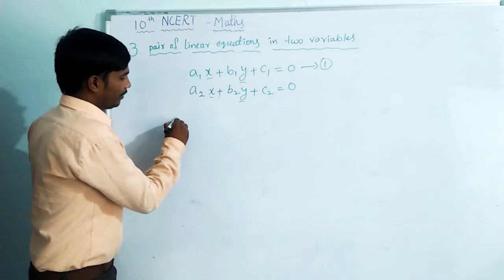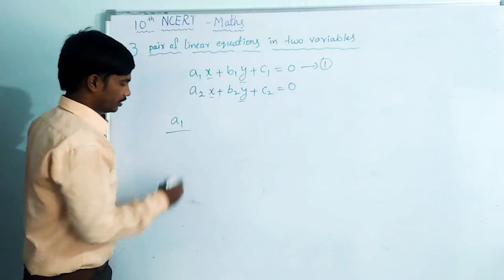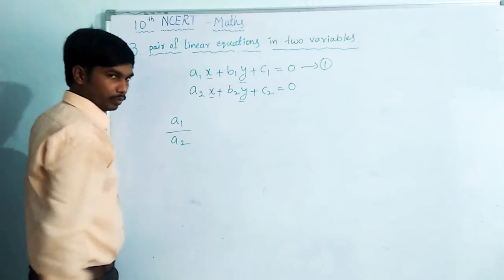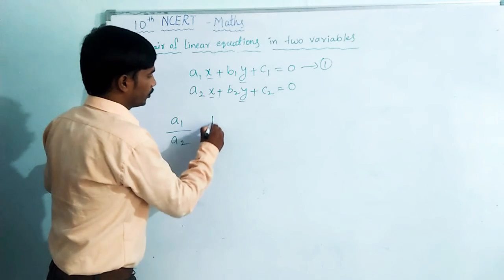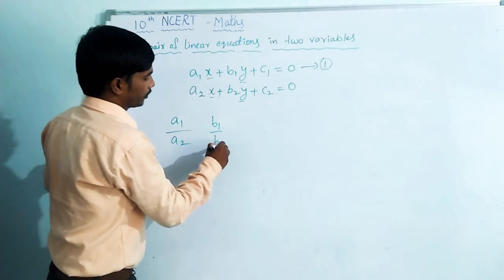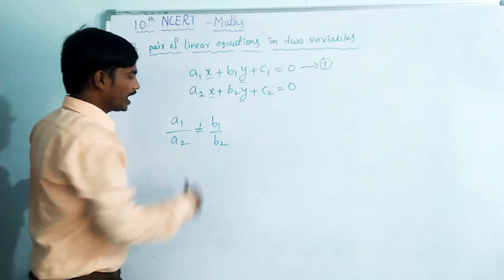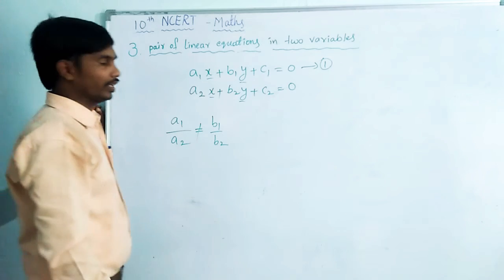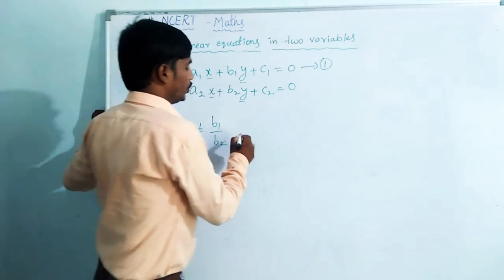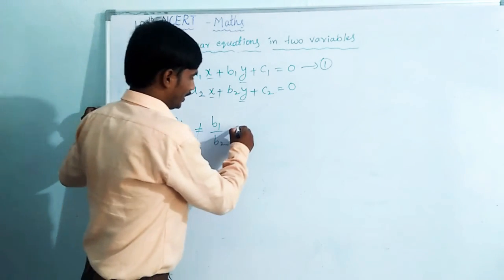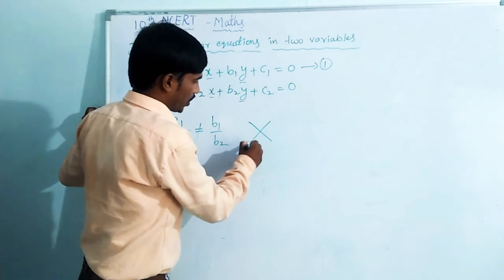For the first one, compare the x coefficients, a1 by a2. Next, the y coefficients, b1 by b2. If the a1 by a2 ratio is not equal to b1 by b2, then both lines are intersecting at a point.